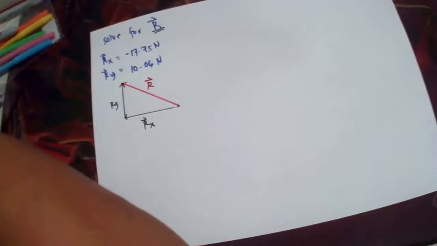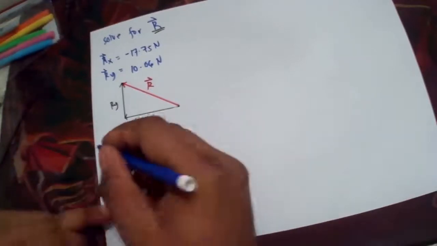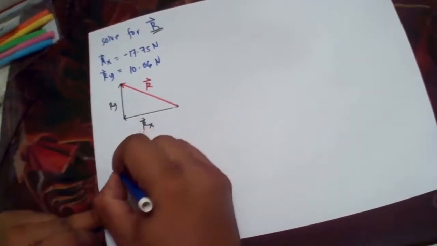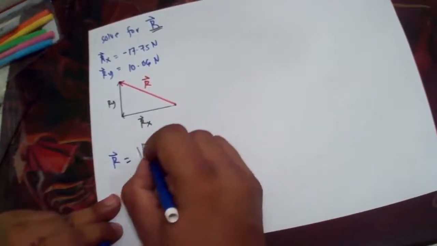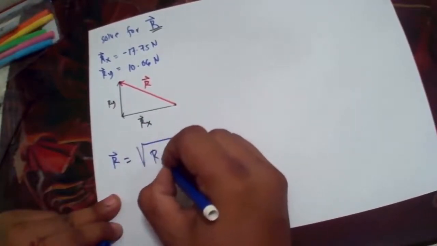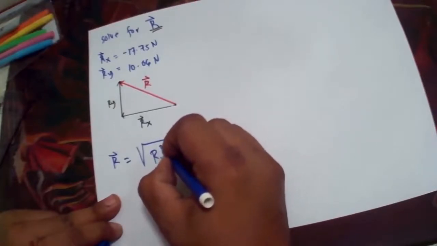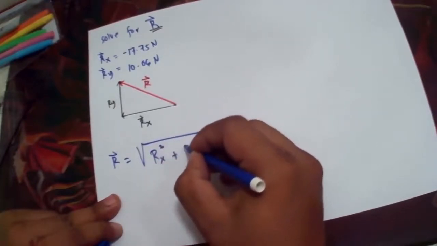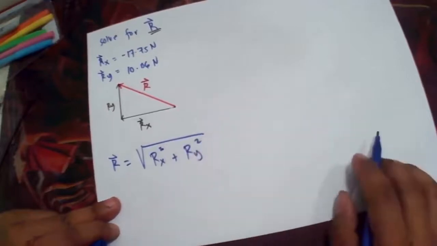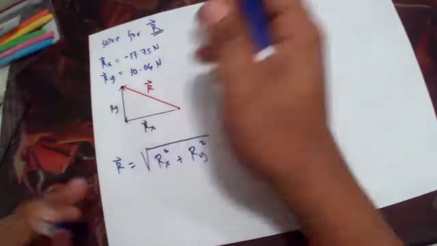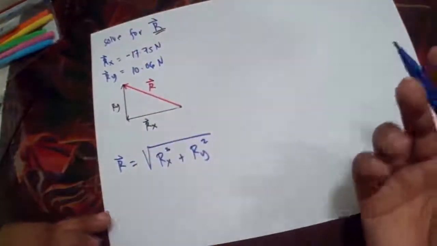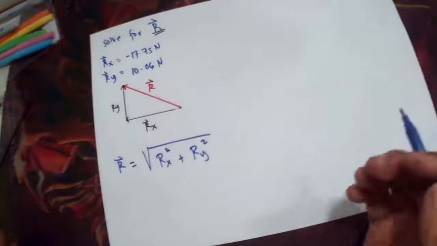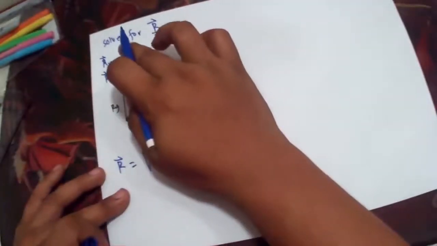So to solve for r, the resultant vector is equal to the square root of r sub x squared plus r sub y squared. It doesn't matter if this is negative or positive because we're going to square that value, so it still becomes positive. So I will neglect the negative sign here.